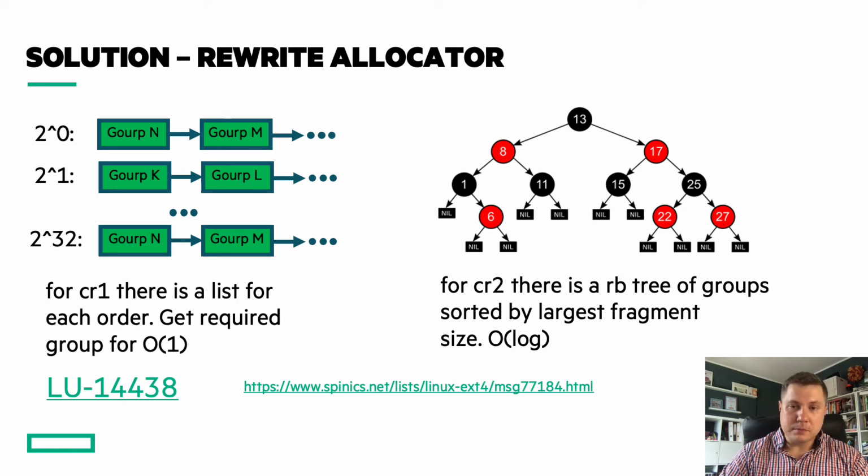There are lists for each free range size. So when the allocator needs such a large range in CR1, it just gets the first range from this list. In the CR2 loop, a red-black tree is used.